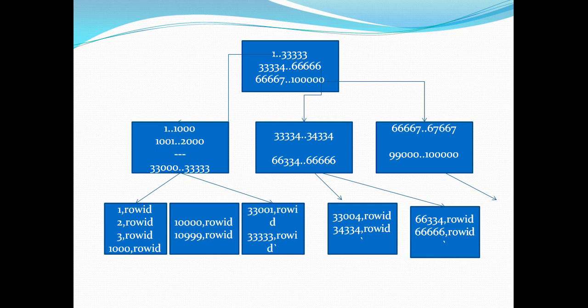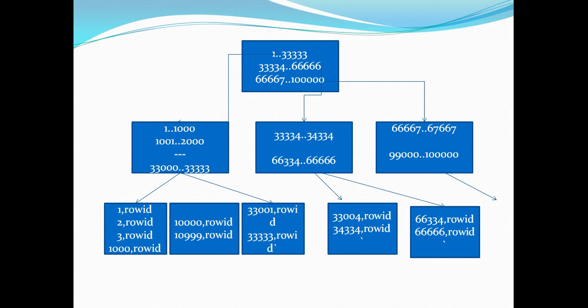Now, if I have to explain this all in layman's terms, let's do that. If I have a query where I want to retrieve the details from the table where the transaction ID equals 1, the Oracle optimizer will go ahead and use this index. So what will happen? First, it will go to this root block and see that I need to go to the leftmost block on the next level.